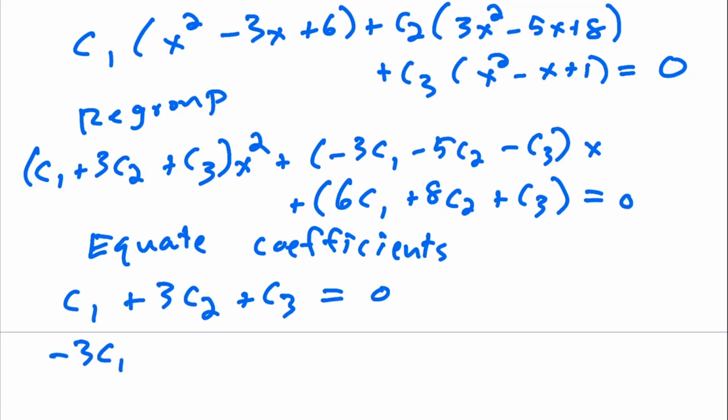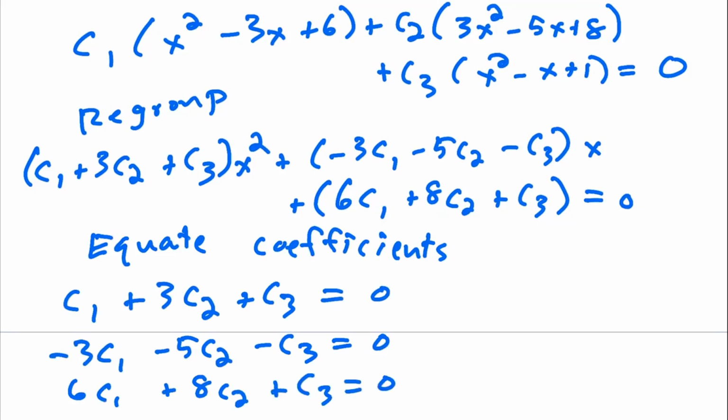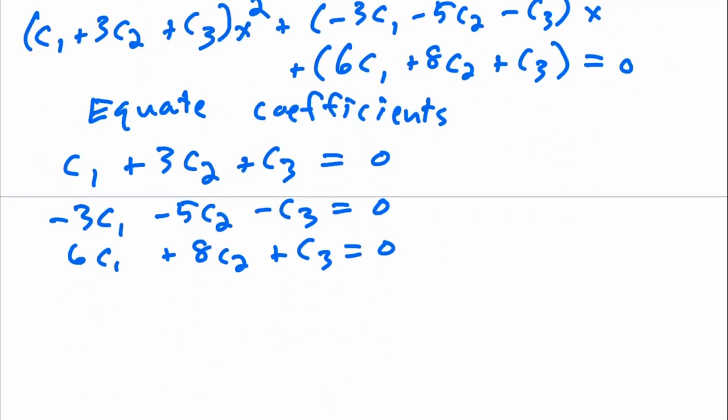Minus 3C1 minus 5C2 minus C3 is equal to 0. 6C1 plus 8C2 plus C3 is equal to 0. Just by taking each of those coefficients: my coefficient for x squared, for x, and my constant coefficient.